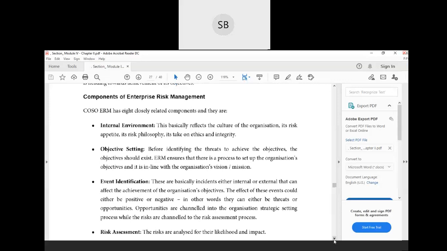You have heard that many people lost their jobs during the lockdown. It was an external source, no one was aware that such a situation could come, but suddenly it happened. So you have to identify the situation.